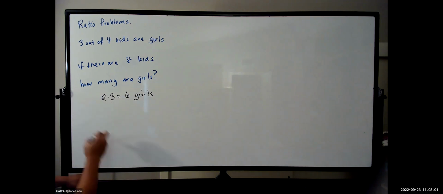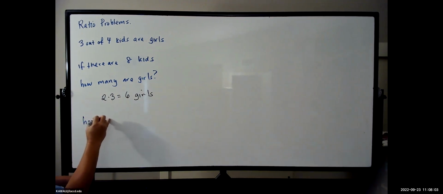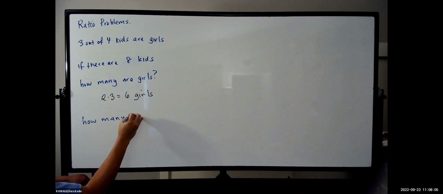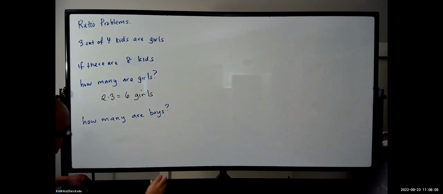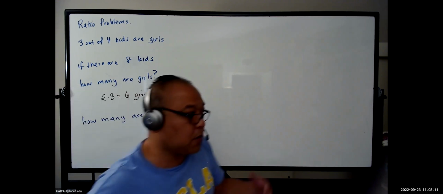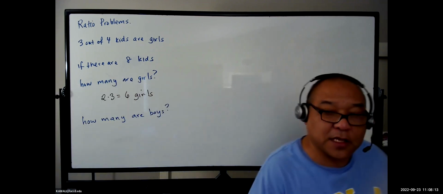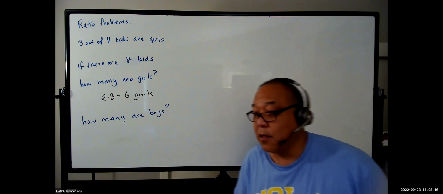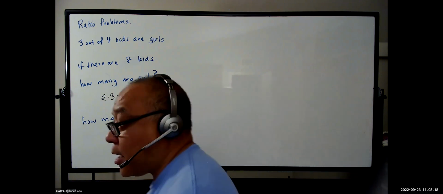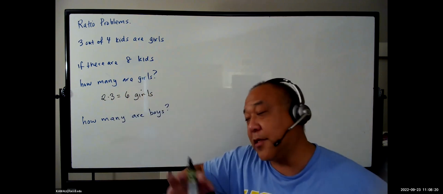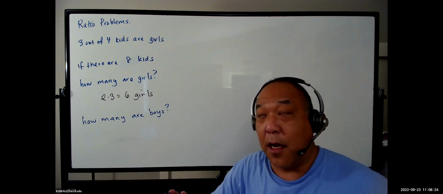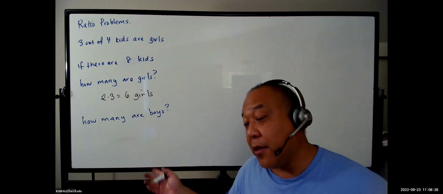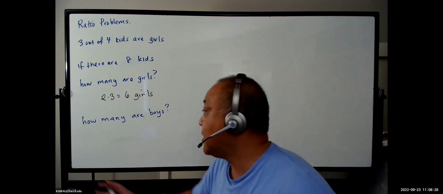How many are boys? Don't use math. Just use your intuition. I've got 8 kids. 2 boys. Okay. We're going to consider gender binary in this case. I'm not trying to insult anyone.